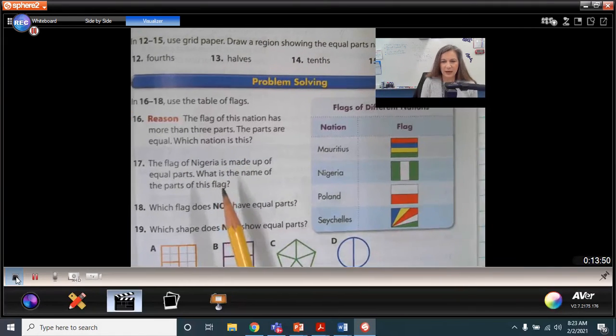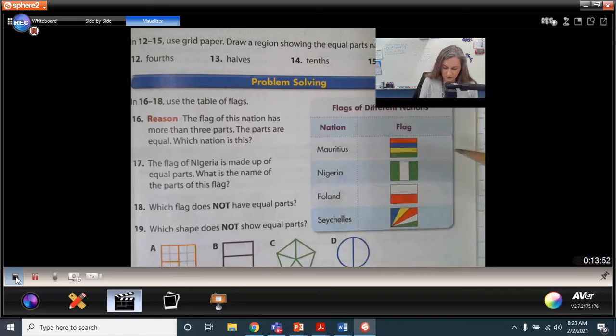If we take a look at Mauritius, it has 1, 2, 3, 4 equal parts. So that is more than 3. Nigeria has 1, 2, 3 parts. So that's not more than 3. It's only 3. And Poland has 1, 2. Again, not more than 3. And Seychelles is 1, 2, 3, 4, 5. Now, are these parts equal? Are they the same size?